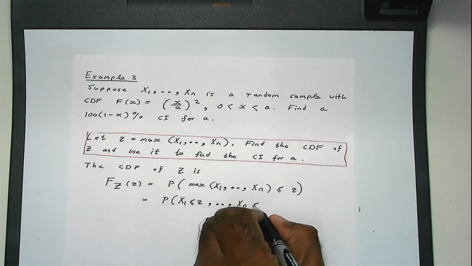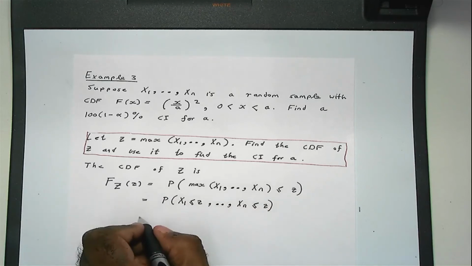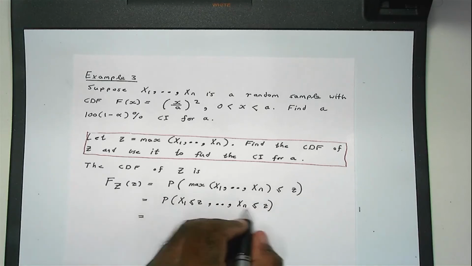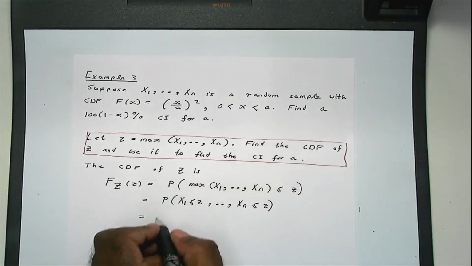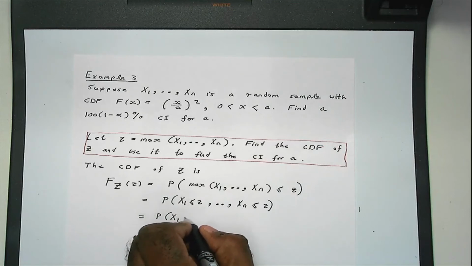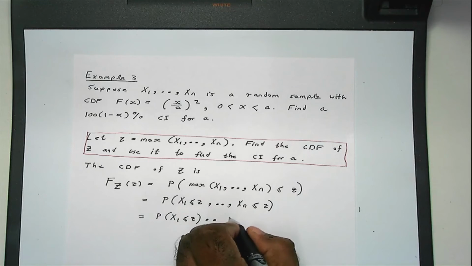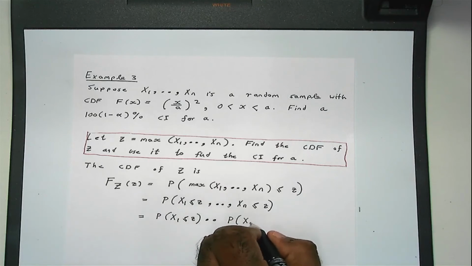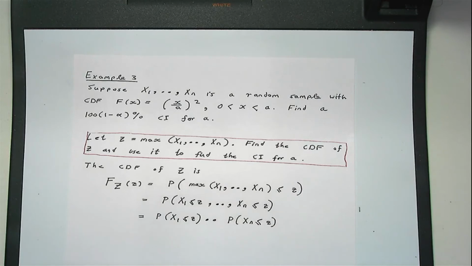Now, using independence, since we have a random sample, which means IID, you can write this like this.